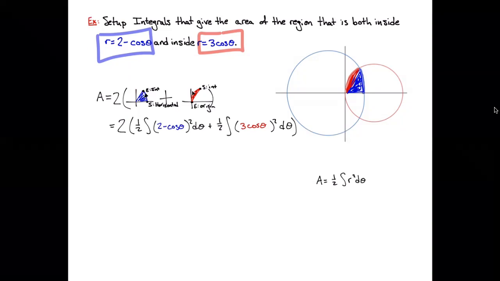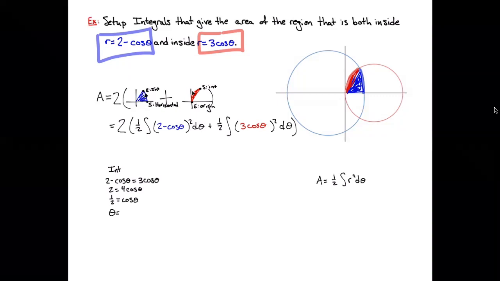And so now I want to first find the intersection. To find the intersection, I set the two curves equal to each other. So I get 2 minus cosine theta equals 3 cosine theta. 2 equals 4 cosine theta. 1/2 equals cosine theta.